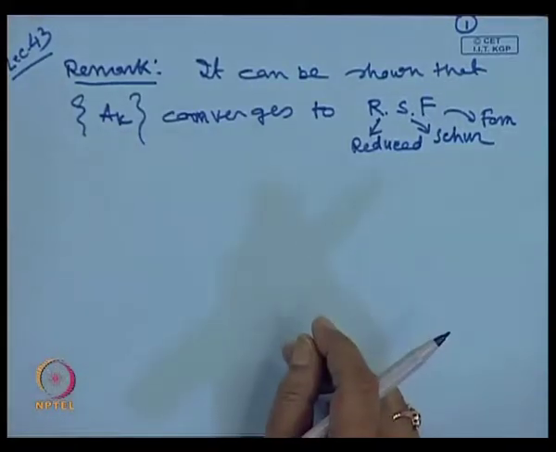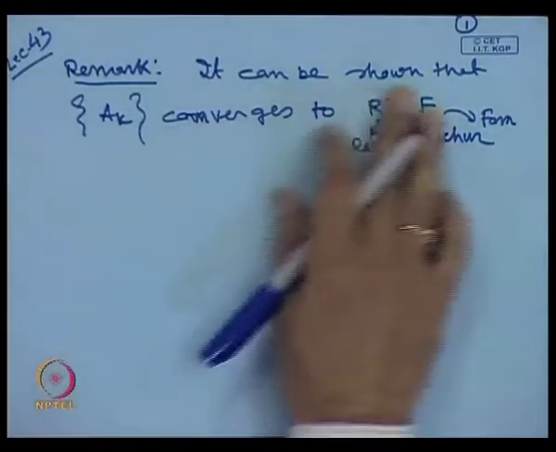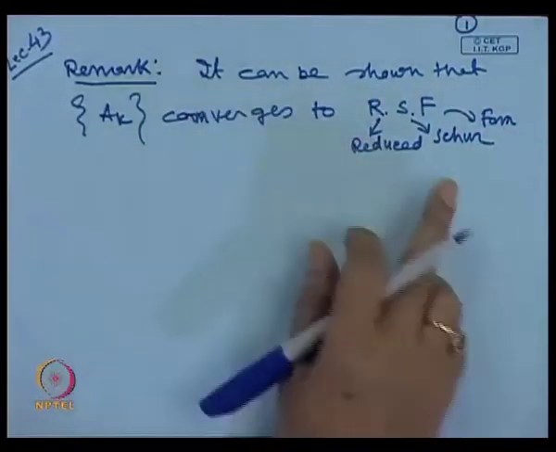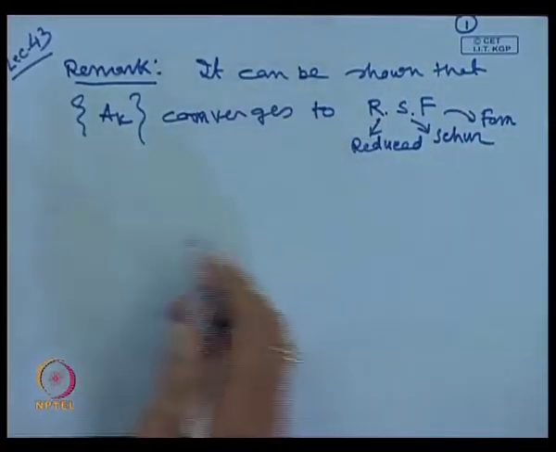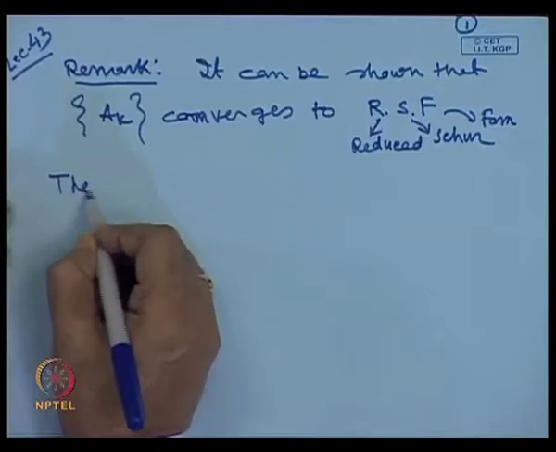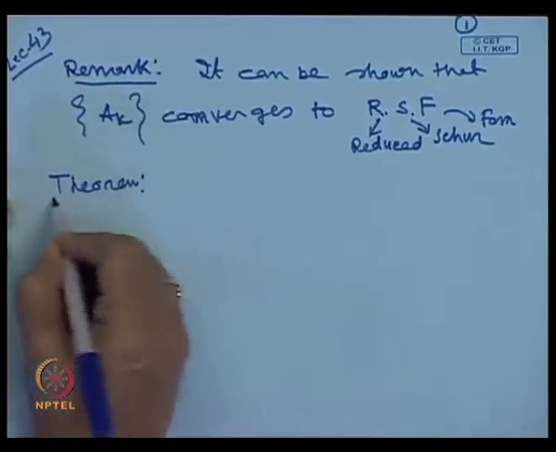This we know, that if you do it this way, ultimately A_k will converge to the Schur form. So, in short, the theorem we can write like this.